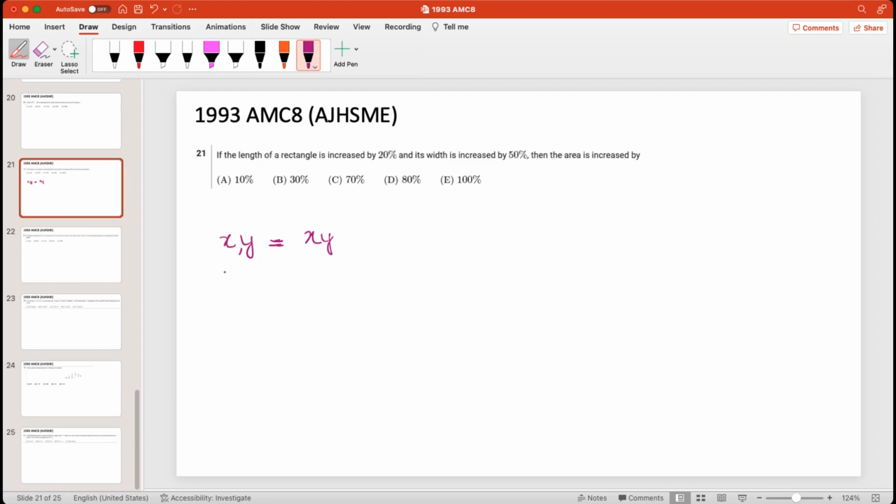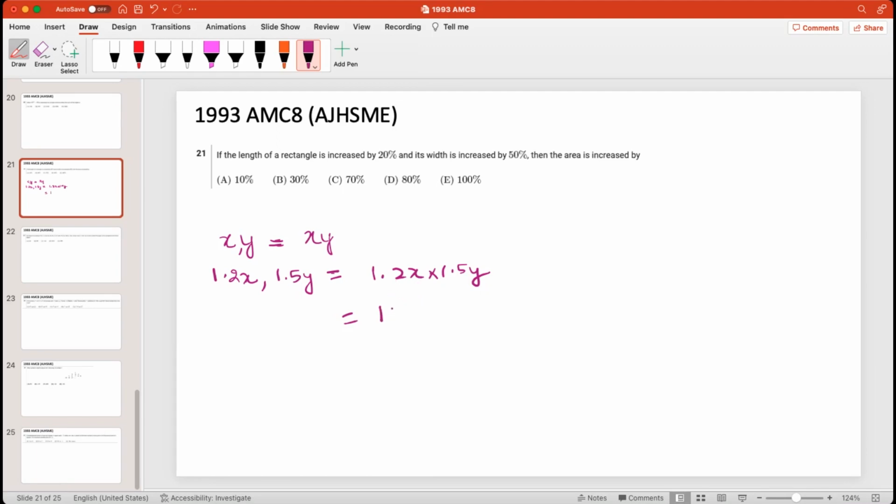Now here the length is increased by 20%, so x becomes 1.2x, right? And y becomes 1.5y, correct? So this is going to become 1.2x into 1.5y, right? So that becomes 150, 165, 180, right?